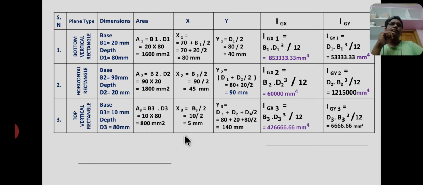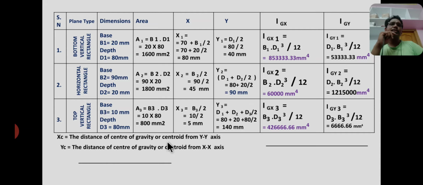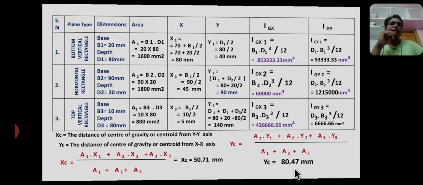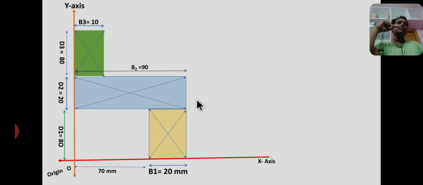From basic principles, xc is the distance of the centroid from the y-axis and yc is the distance of the centroid from the xx axis. xc equals 50.7171 and yc equals 80.47 mm.